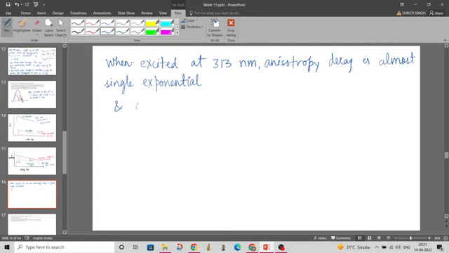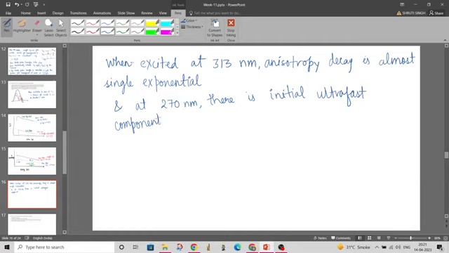And at 270, which is the blue edge, there is ultrafast component in the initial times, 0.2 picosecond.